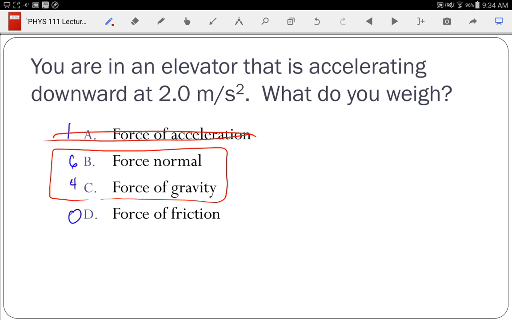What's the argument in favor of the force of gravity? Why would you say the force of gravity is your weight? 4 people said that.